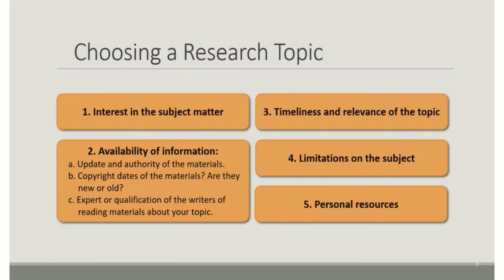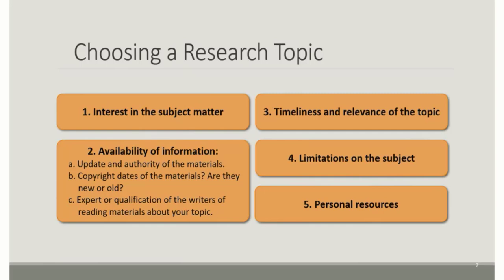Number 2 is availability of information. Update and authority of the materials, copyright dates of materials, are they old or new, expert or qualification of the writers of reading materials about your topic. Because there are some topics na kung saan wala masyadong material or wala masyadong information available on it unless you have access to different types of information or access to research studies na na-publish na.